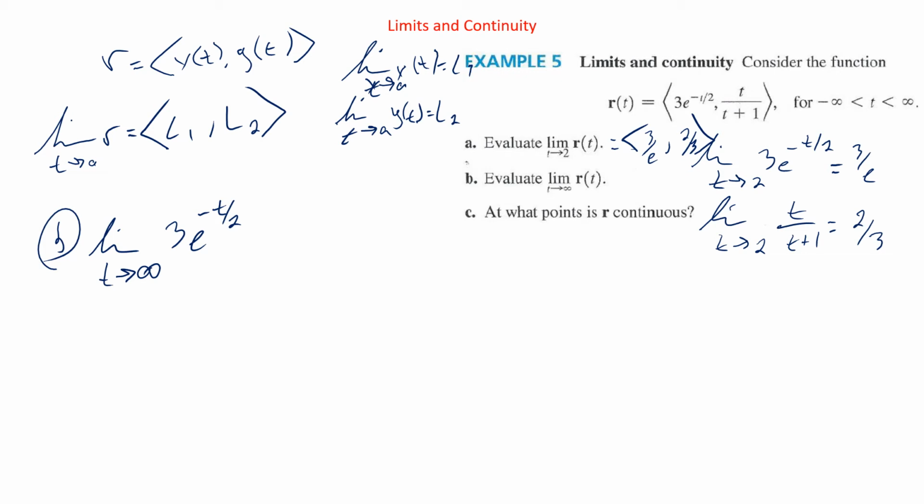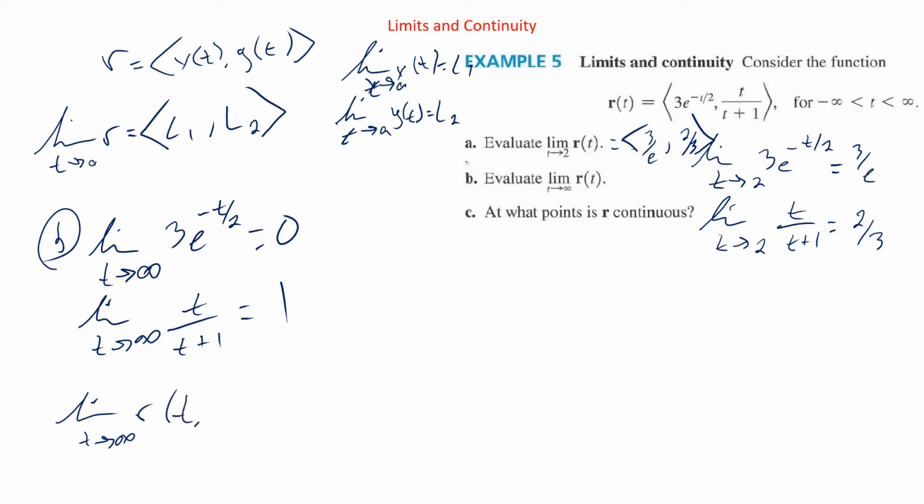So we have 3 over e to the infinity. That's going to be 3 over an impossibly large number, which is just 0. And then the limit as t goes to infinity of t over t plus 1, that will equal 1. So the limit as t goes to infinity of r of t equals 0, 1.